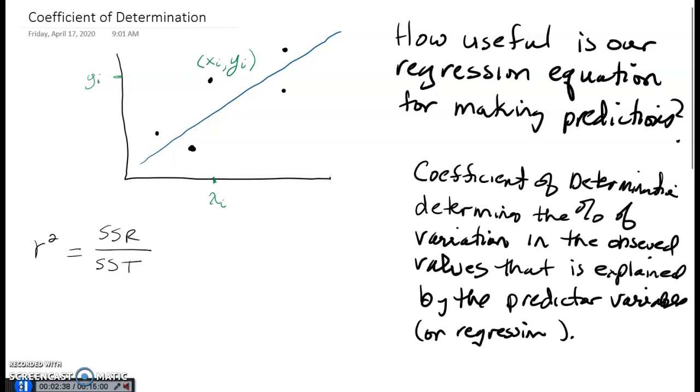The first one I want to look at is the SSR. We have a lot of different y's going on, and we talked about these different y's before. The y sub i is the actual observed value.